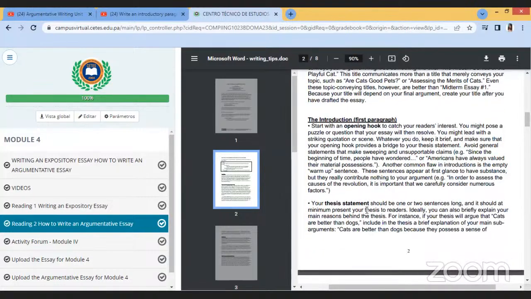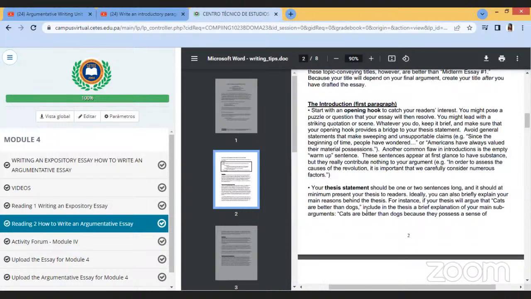Your thesis statement should be one or two sentences long, and it should at minimum present your thesis to readers. Ideally, you can also briefly explain your main reasons behind the thesis. For instance, include in the thesis a brief explanation of your main sub-arguments.